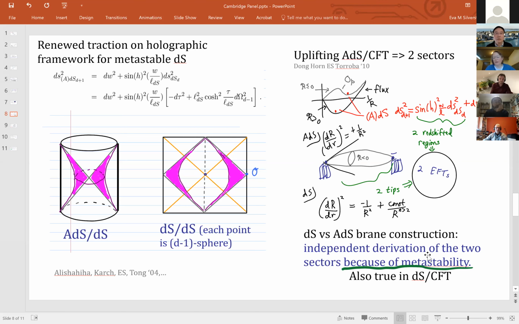And this happens because of the metastability. A low energy person would have no problem just writing down a hard cosmological constant, but we don't have that in string theory, and that statement reproduces the statement of de Sitter holography, which by the way is also true in the DS/CFT proposal, that it consists of two matter sectors coupled through gravity.